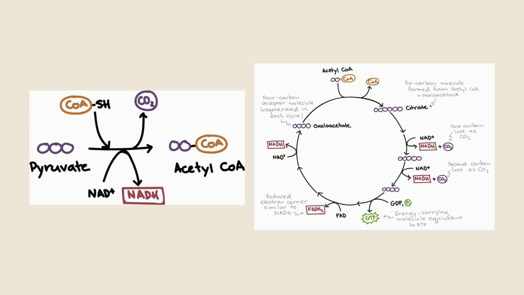So again, from pyruvate a carbon molecule will separate, and this separated carbon molecule will form carbon dioxide to be released, and this will leave us with a two carbon molecule. This two carbon molecule will combine with coenzyme A, and this enzyme substrate will be called acetyl-CoA.